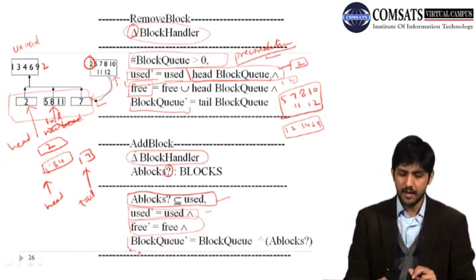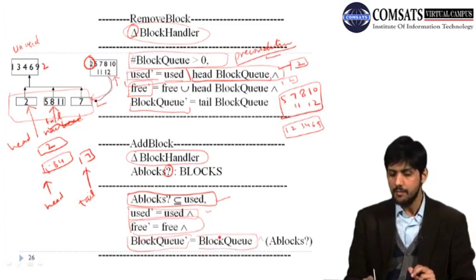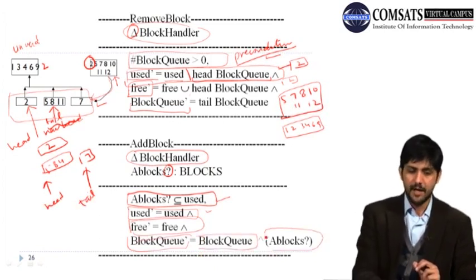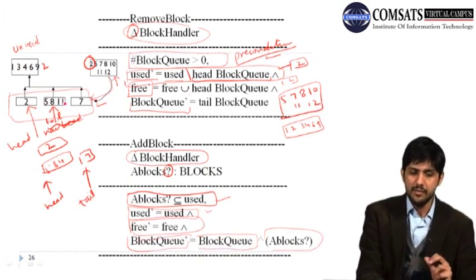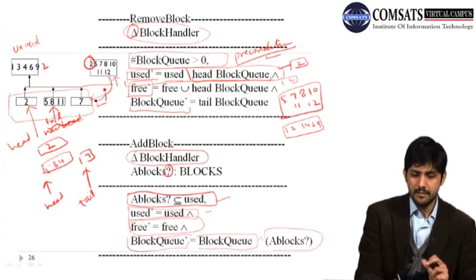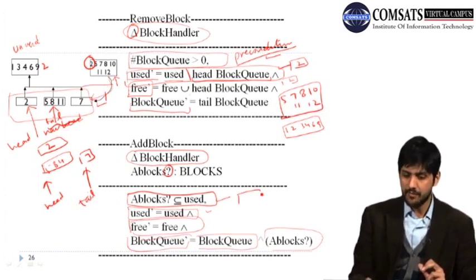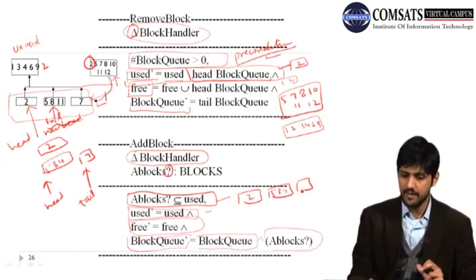What we are saying is that in the new block queue, a new element is added. For example, let's say this was my queue: 5, 8, 11 and 7.